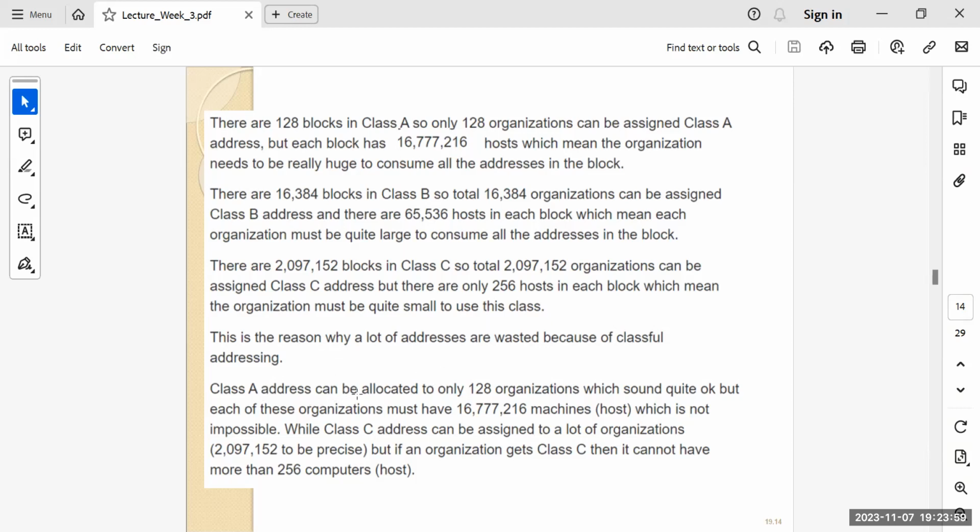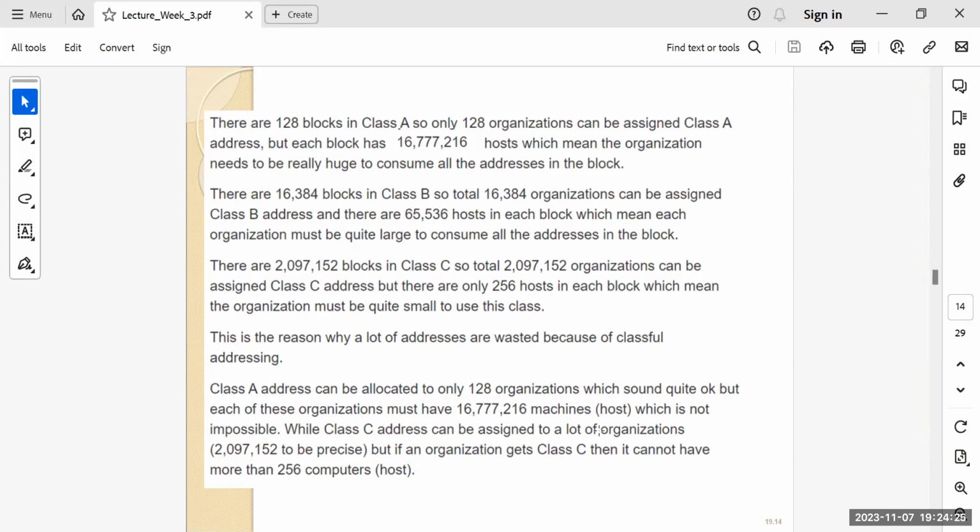Class A address, for example, can be allocated to 128 organizations, which sounds quite okay. But each of these organizations must have these many machines or hosts, which is not impossible, yes. But again, if you are left with, say, 2000 addresses, even then that's quite a lot of wastage.